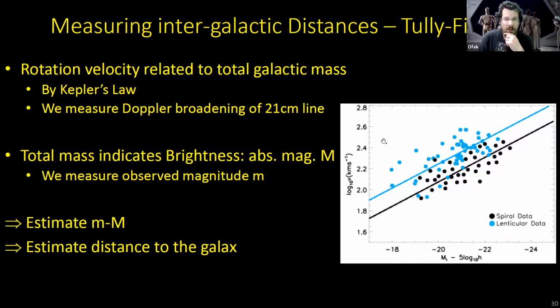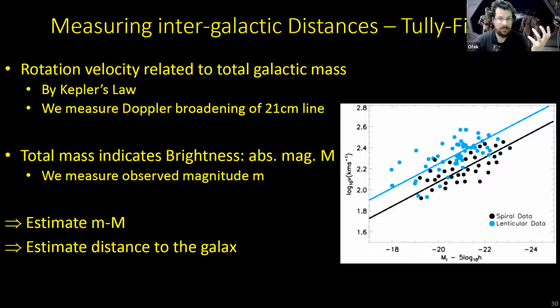What that then means is that if we measure an observed magnitude, small m, and the expected absolute magnitude, capital M, which we infer from the measured velocity v, we can estimate the distance to the galaxy. Okay, this is again very similar to how we would do for a star. If we know the color or temperature of the star, we know what the flux should be.